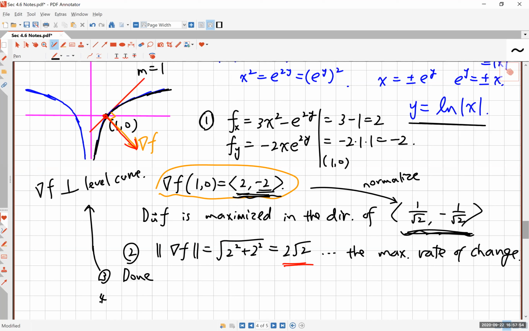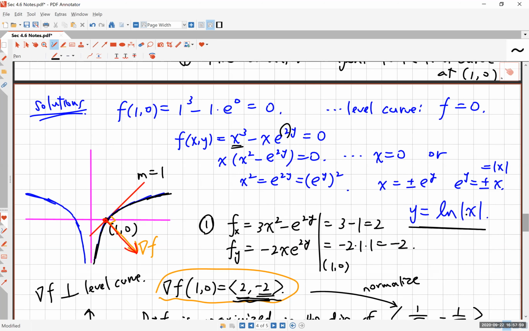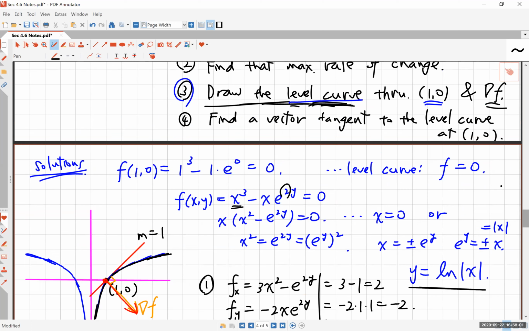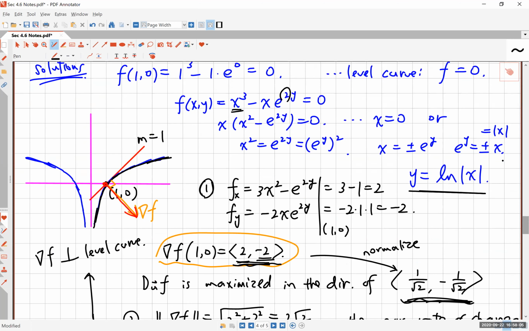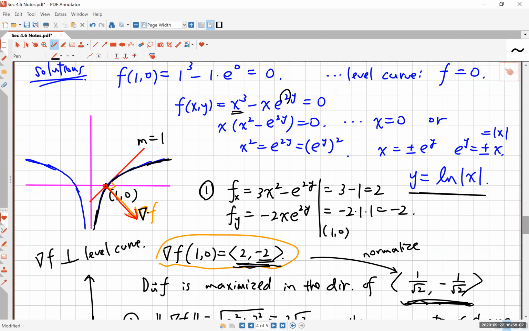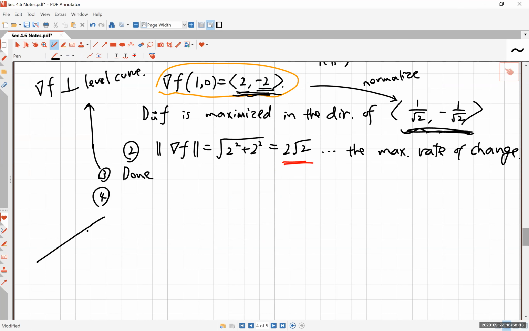Number 4, I'm doing number 4 because there are a couple of questions in your homework set where they ask you to do this. Find the vector tangent to the level curve. Let me draw a picture of this. This is the gradient, which is 2, negative 2.